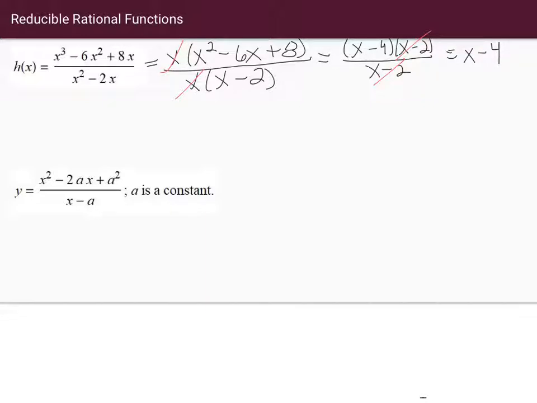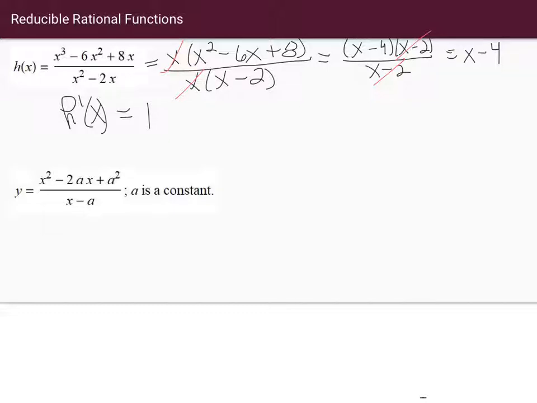Now remember earlier, we saw that we didn't have any trouble if we were looking at a location where there might be a hole in a graph. So notice what we've done is we've just cleared out all of the holes in our graphs. So now when we take our derivative, we'll take the derivative of x minus 4, which is simply 1.